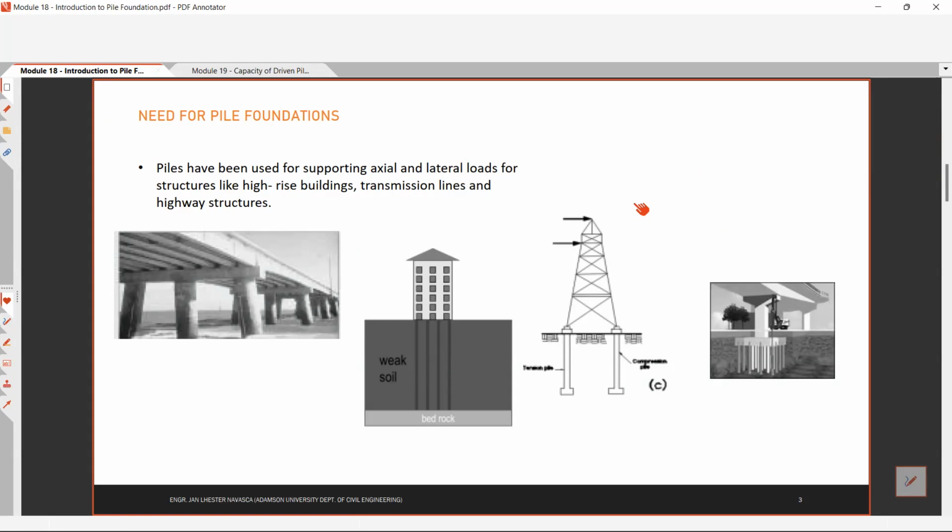Because itong mga structures na to is basically mataas yung actual loads sa taas, and also mas susceptible sila sa mas malakas na lateral loads.